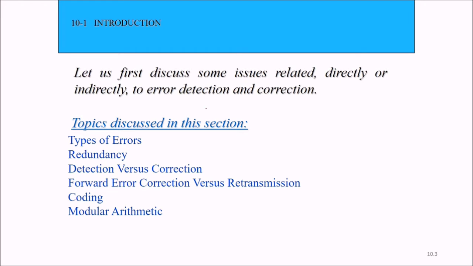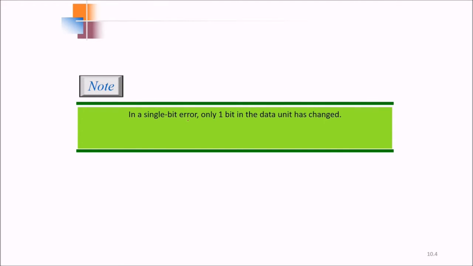Let us first discuss some issues which are related directly or indirectly to error detection and correction. We'll see the types of errors, redundancy, detection versus correction, forward error correction versus retransmission, coding, and modular arithmetic. In a single bit error, only one bit in the data unit has changed.